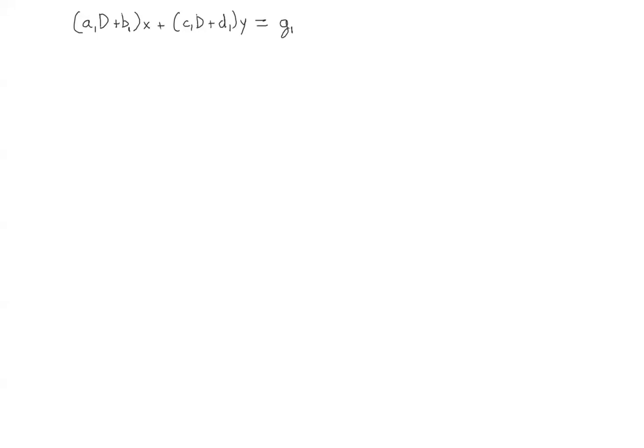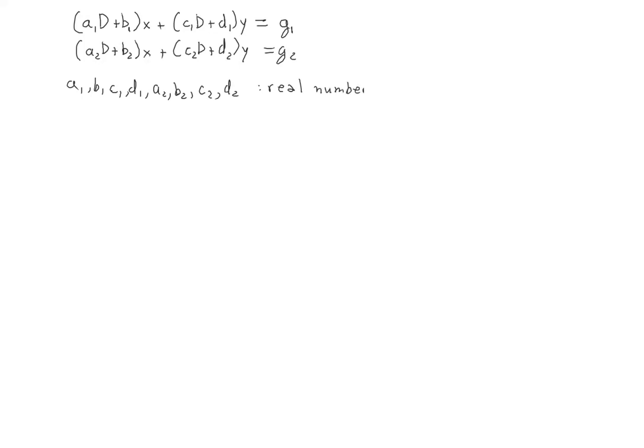So g1 is a function, and a2 D plus b2 x plus c2 D plus d2 y is equal to g2. Here a1, b1, c1, d1, a2, b2, c2, d2 are real numbers, and g1 and g2 are functions of t.